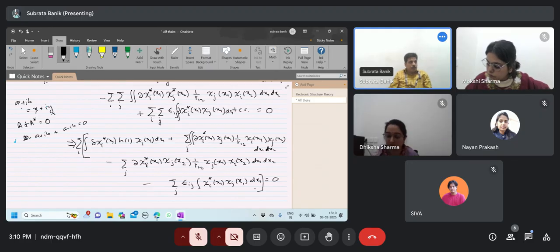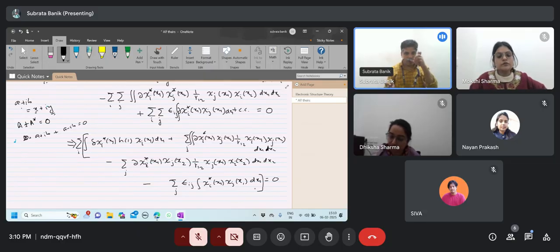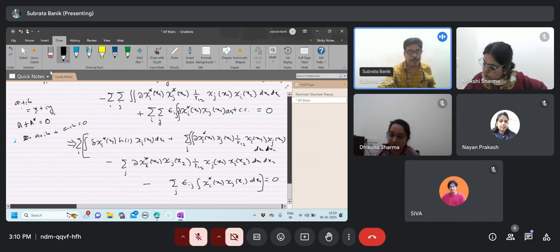So I can remove that sum over and just write this equal to 0. Again, I'm not writing it, feeling a bit lazy.